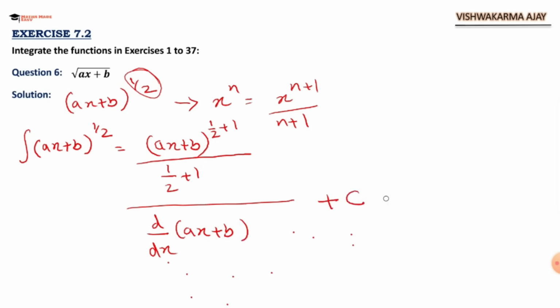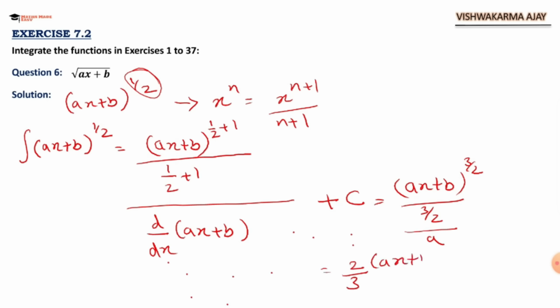So I will just conclude it very fast. Ax plus b power 3 by 2 over a, which can be written as 2 times 2 by 3, ax plus b power 3 by 2 divided by a, plus c. I hope you got this question. We'll move to the next one.